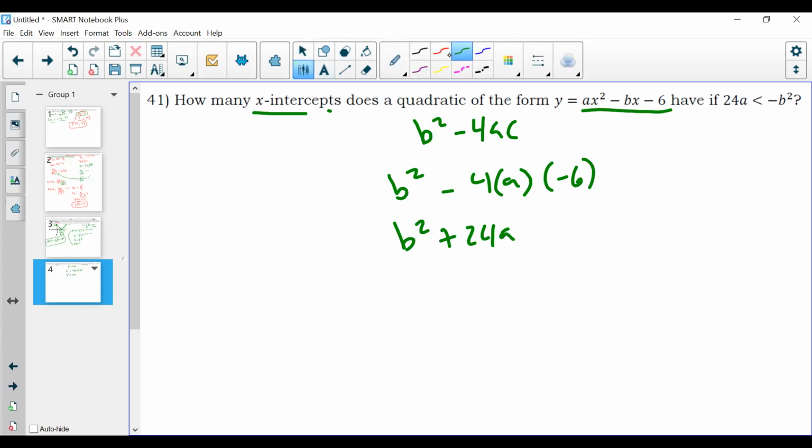Now I'm going to take the inequality they give me and put everything on the same side, because b squared and 4ac should be on the same side. If I add the b squared over, I get b squared plus 24a is less than 0.